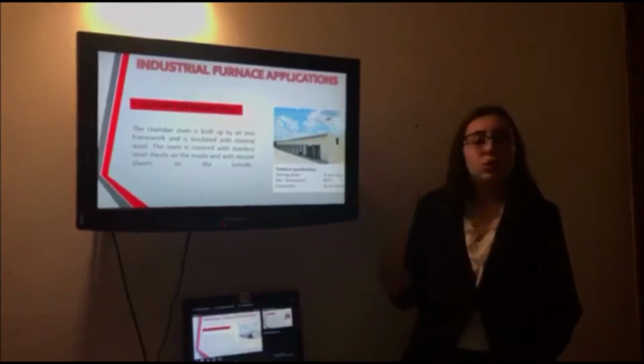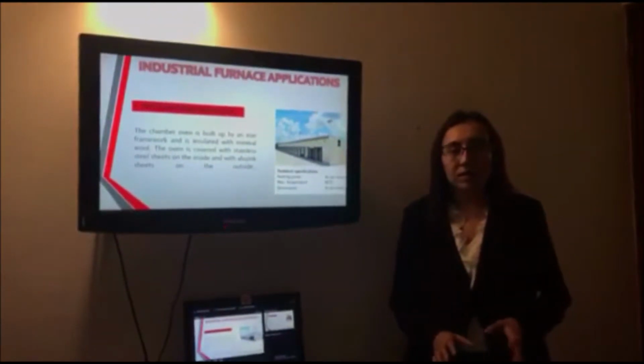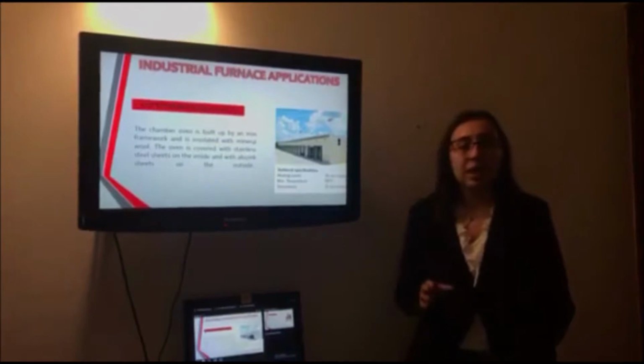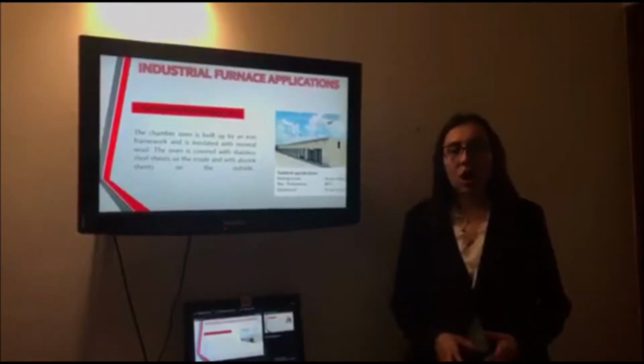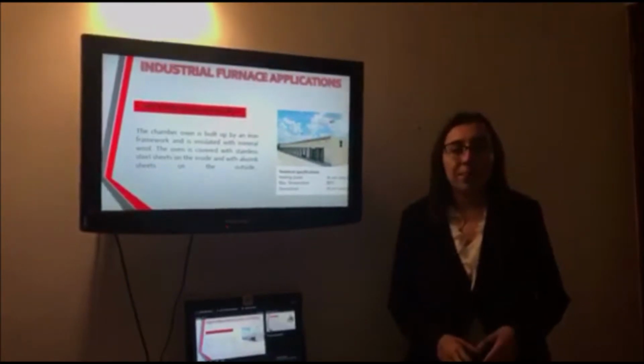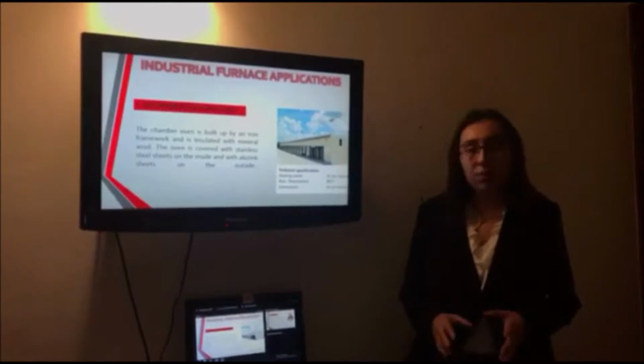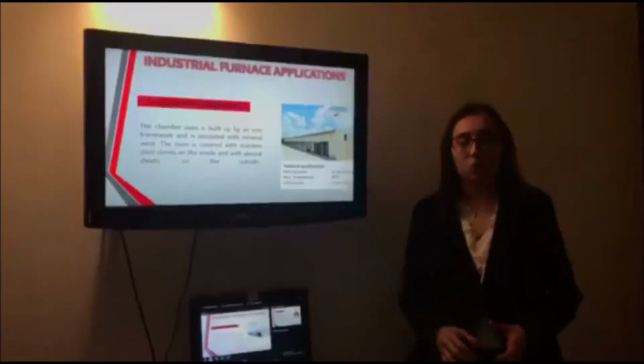In this picture, you can see the outdoor degassing oven, and the technical specifications are a max temperature of 80 Celsius degrees and heating power as per request.